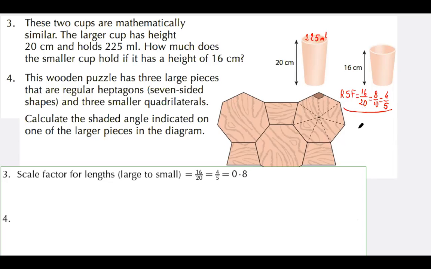So it's a ratio, 4/5, the reducing scaling factor. Now we need to be careful here. How much does the smaller cup hold? They've not asked us how much the length is.